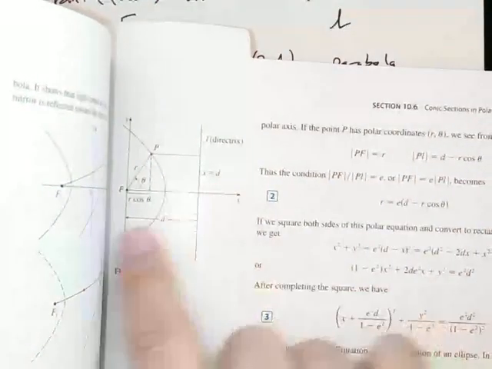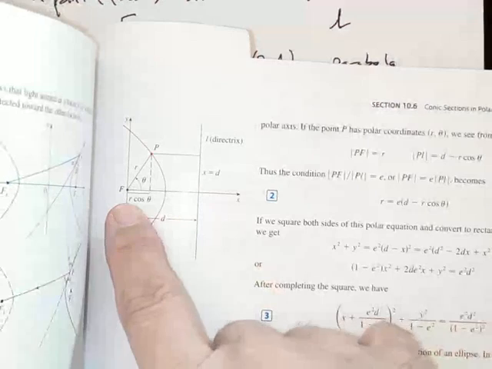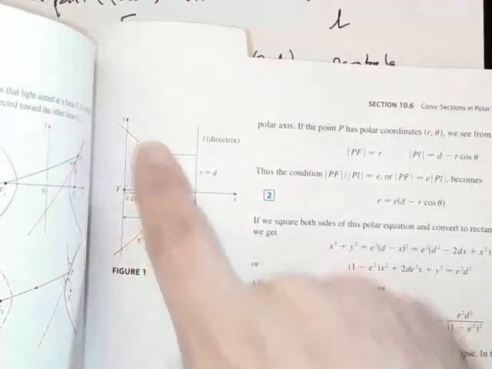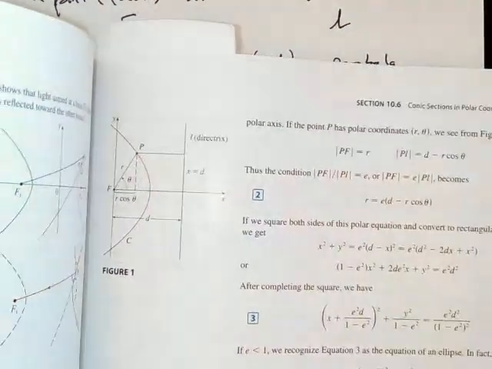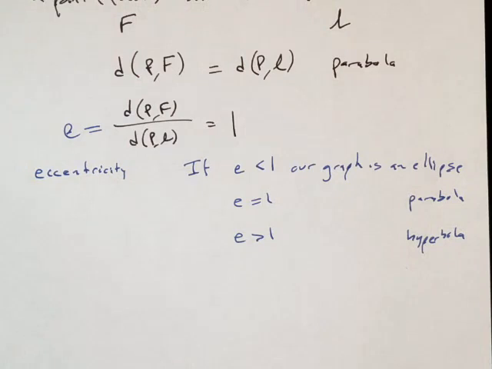It's here on page 683. They have a directrix, x equals some number. They put the focus at the pole, and then they try and figure out equations for these distances and match them up. But the net result is that I can write every form, whether it's a parabola, an ellipse, or a hyperbola, in polar coordinates in the same way.